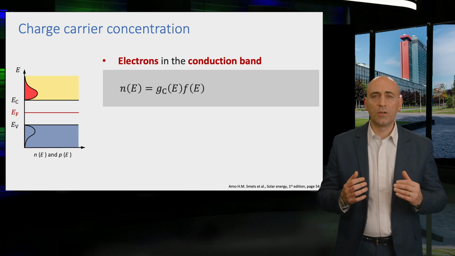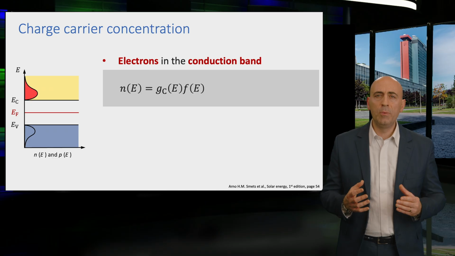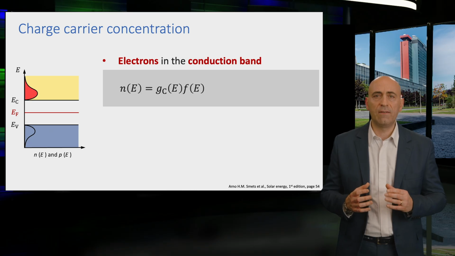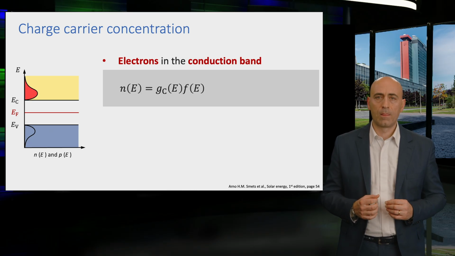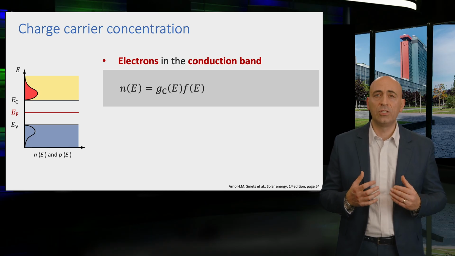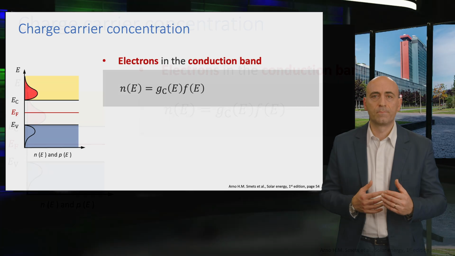If the temperature increases enough, which is already the case at room temperature, the probability of an electron occupying an energy state in the conduction band will become greater than zero. The density of states, or DOS, for electrons at energy levels in the conduction band is greater than zero as well. Consequently, at room temperature, some electrons occupy energy levels in the conduction band.